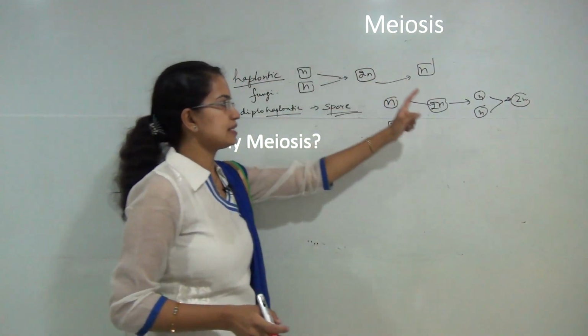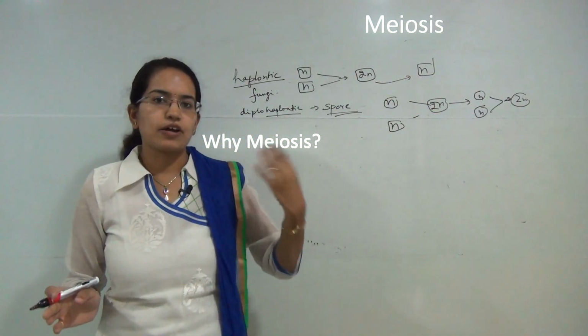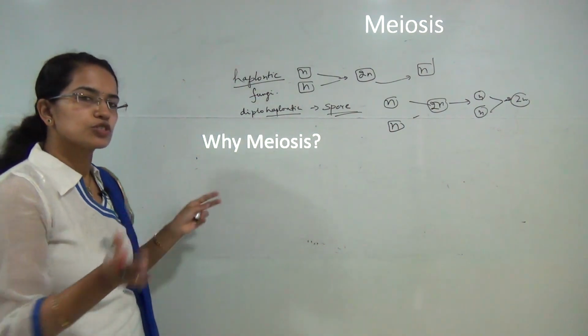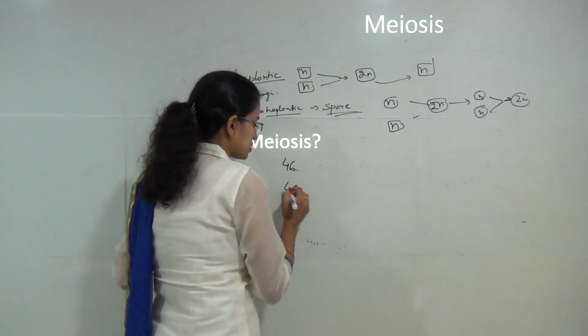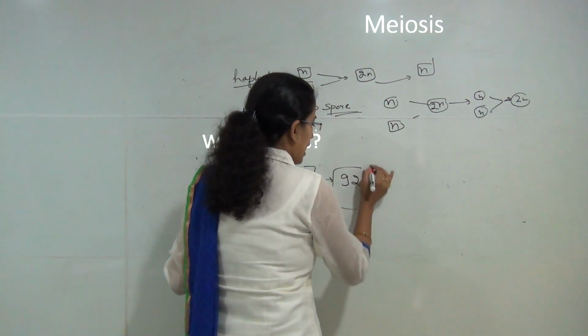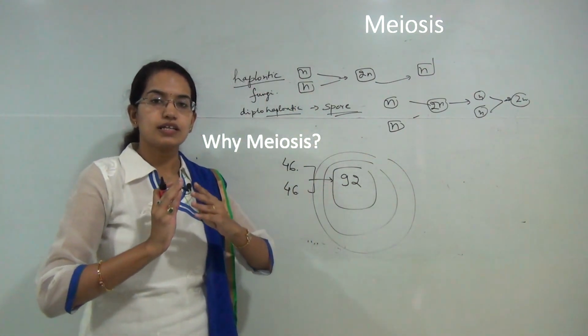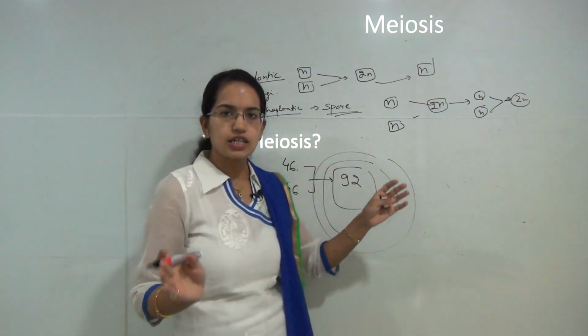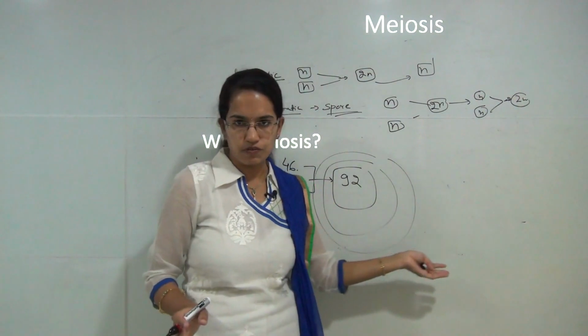Now this is the basic idea why we need to understand meiosis. Now why is meiosis important? Let's say if there was no meiosis, what would happen? 46 chromosomes from father, 46 chromosomes from mother, ultimately 92 chromosomes in the child, and this would be the size of the nucleus growing on. So the size of the nucleus would enlarge, the genetic material would enlarge, and finally it would lead to the death of the organism.